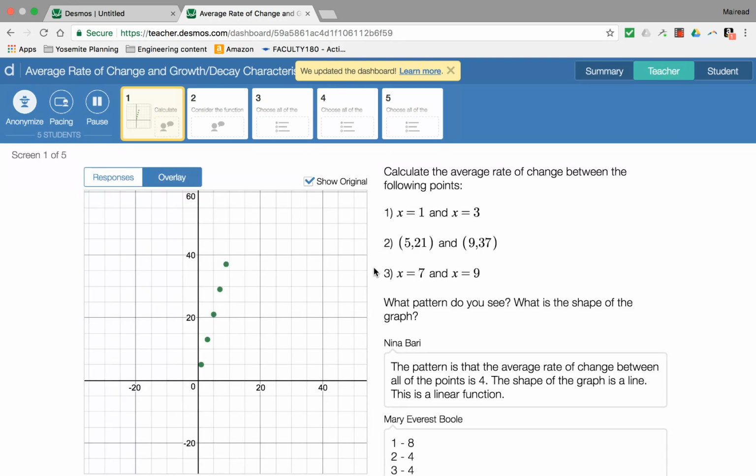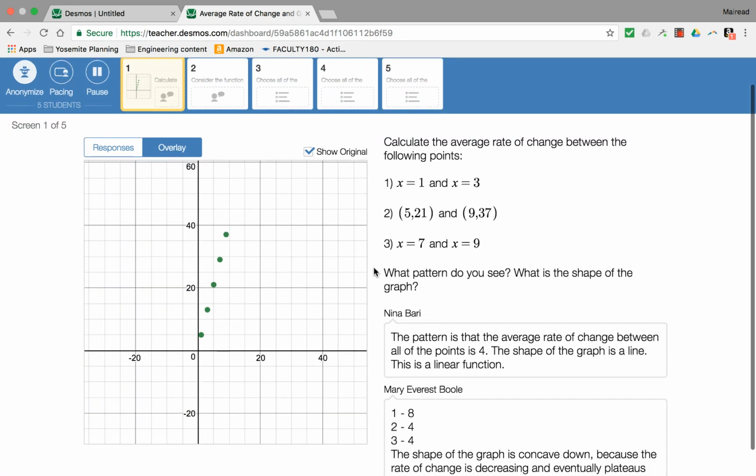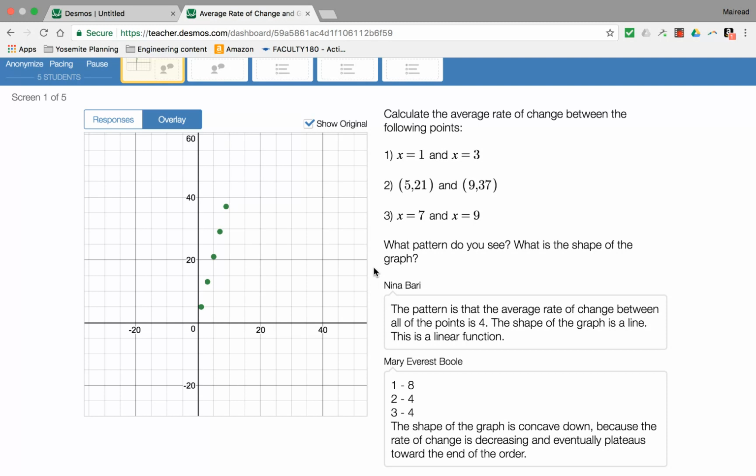If we look here, we can see that the first one was asking you to calculate some average rates of change. And when we look, we should see that the average rate of change in each of these cases, and notice you can click on this and see the values of the points here if you want to.